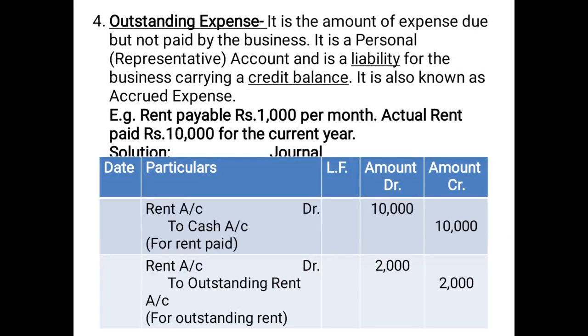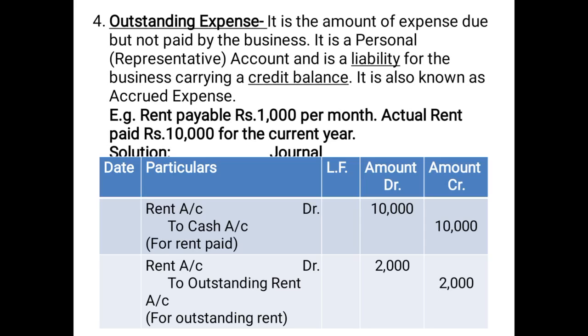Outstanding expenses. If you remember, while discussing the classification of accounts or types of accounts, we discussed these terms: outstanding, prepaid, pre-received, etc. So outstanding expenses means those expenses which have fallen due but have still not been paid by the business.